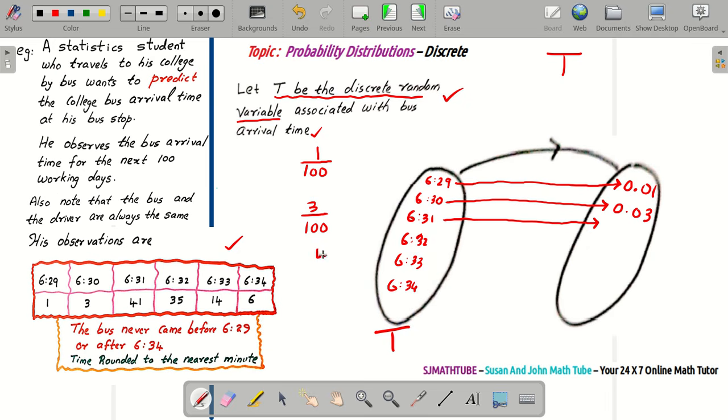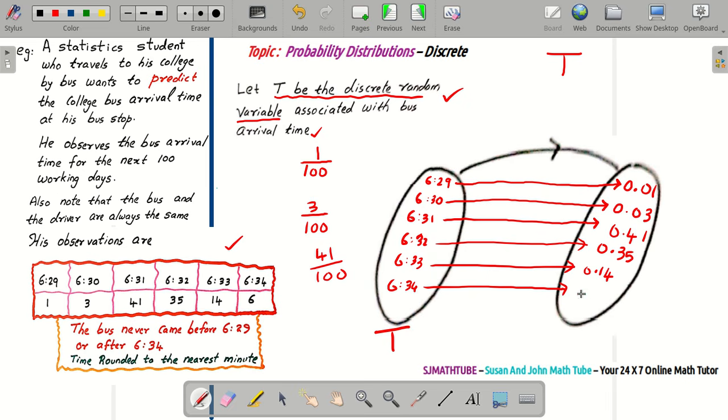So we have 41 out of 100, that is 0.41. And at 6:32 it becomes 0.35, and then 0.14, and finally 0.06. So we have all the probability values over here.